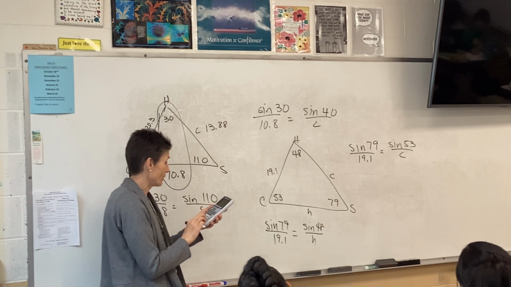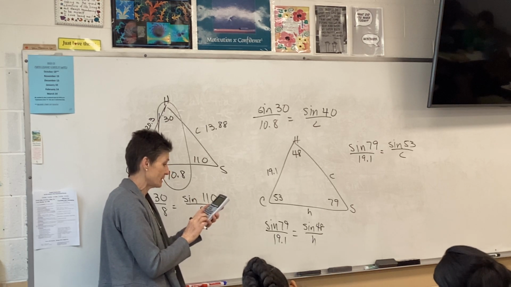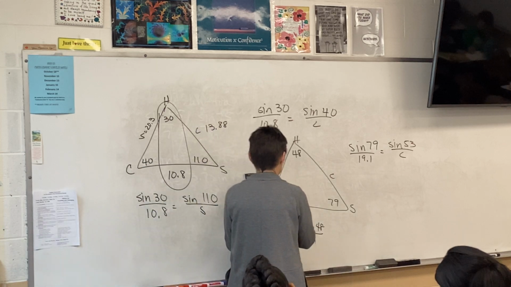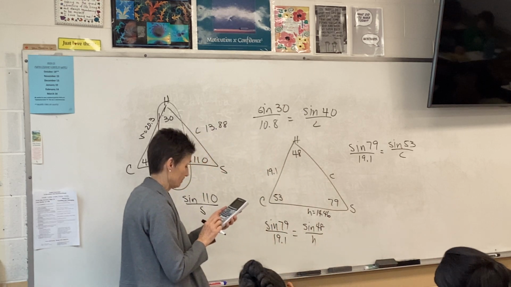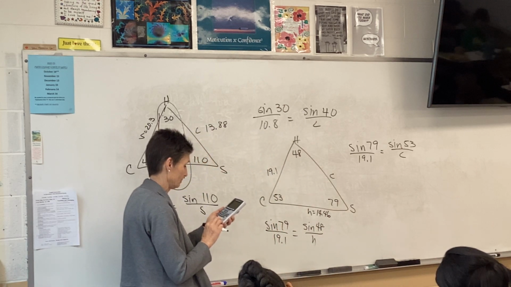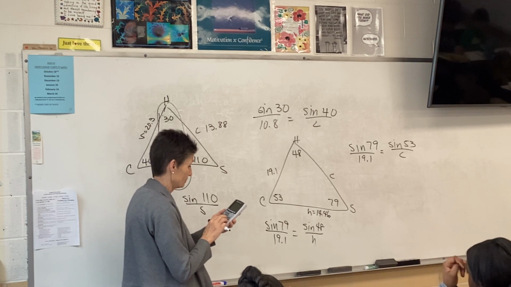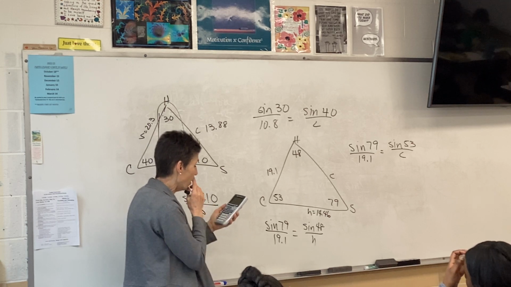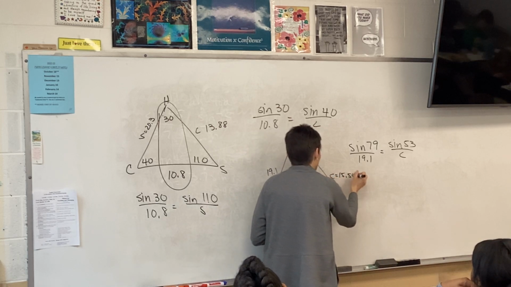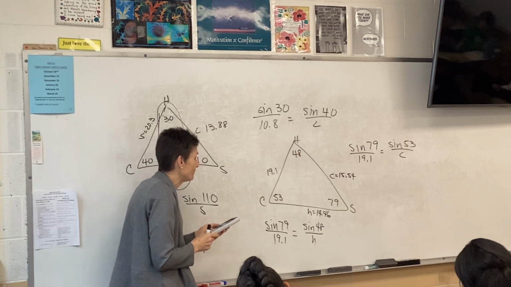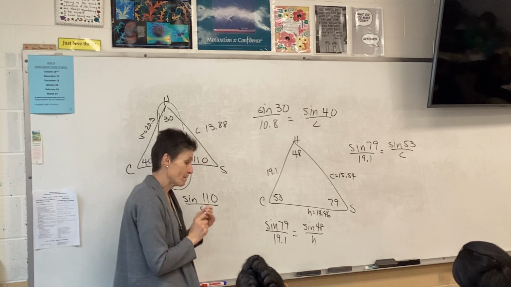So 19.1 sine 48, close parentheses, divided by sine 79. I got 14.46 and 15.54. I'll wait for confirmation. Yeah, you're right.